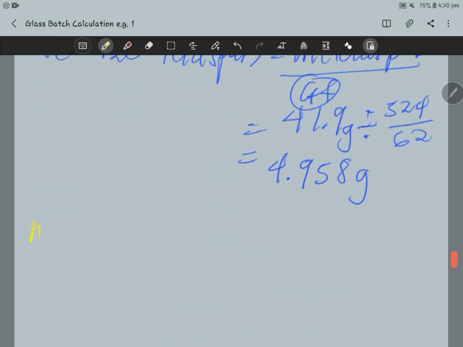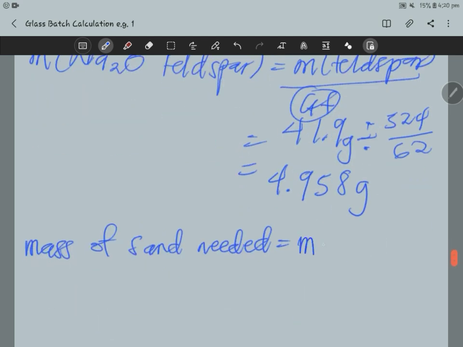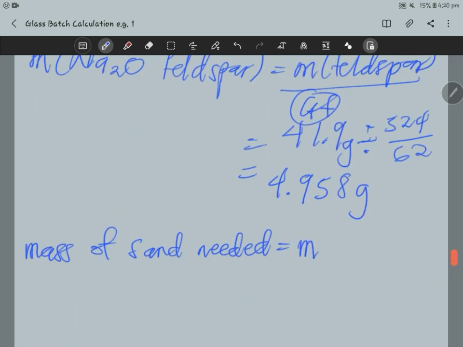So the mass of sand, or SiO2, needed will be the mass of SiO2 in glass minus the mass of SiO2 in the feldspar.